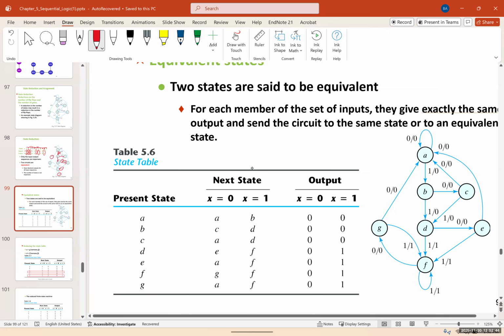Which ones look similar? Can you give me one example by looking at this?